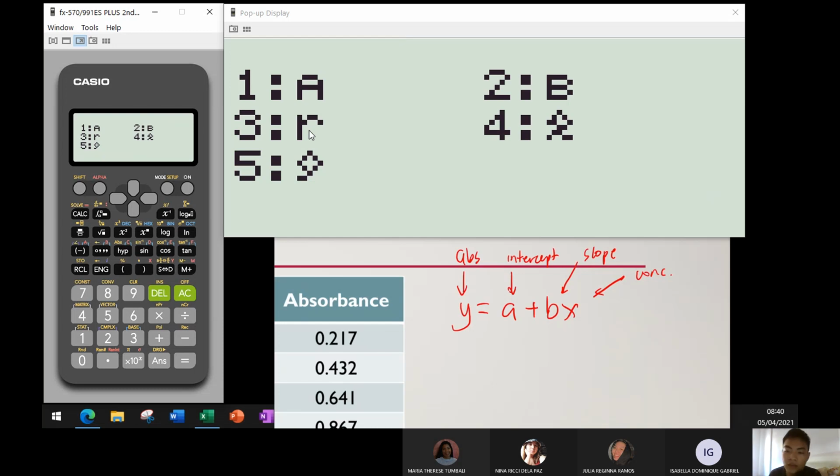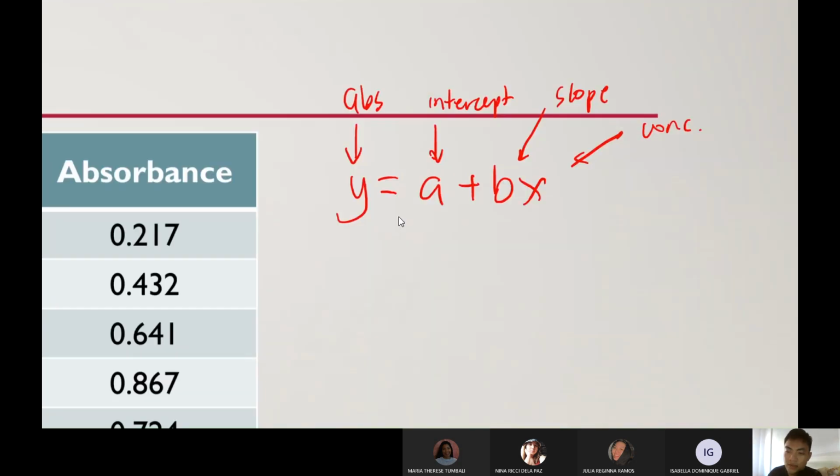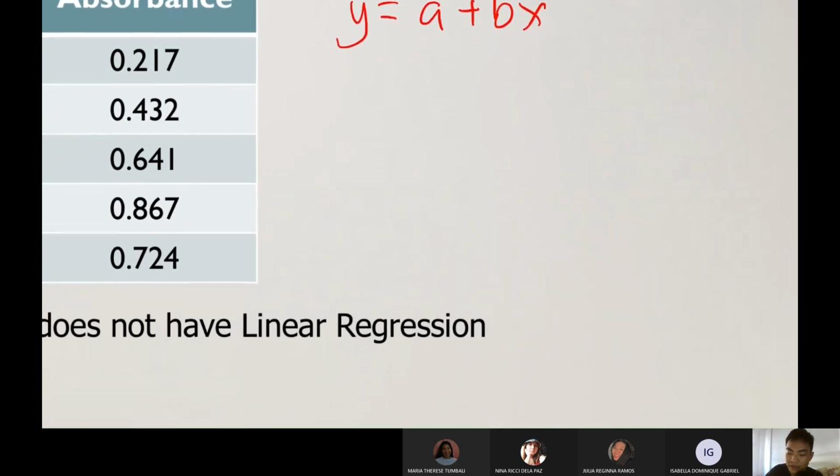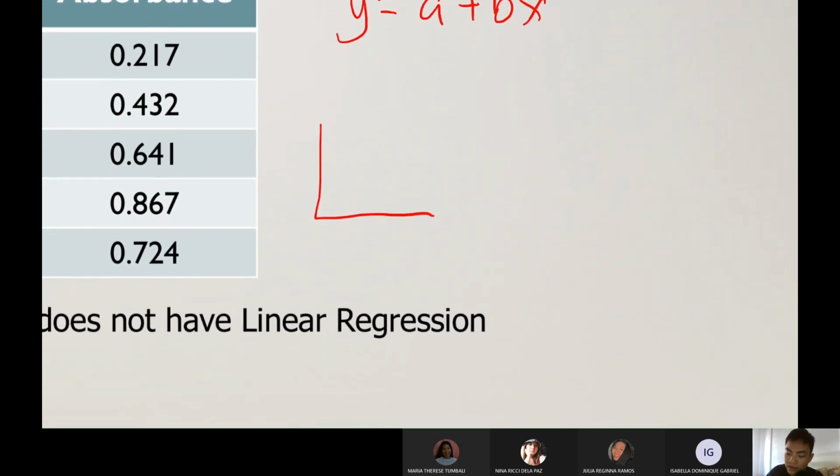If that is not equal to 1, ibig sabihin hindi yan straight line. Okay? So, sa statistics, di ba, nakikita nyo yung ganito. Hopefully, naalala nyo pa. Sasabihin yan, no correlation. So, regression is 0. Pearson correlation coefficient is 0.